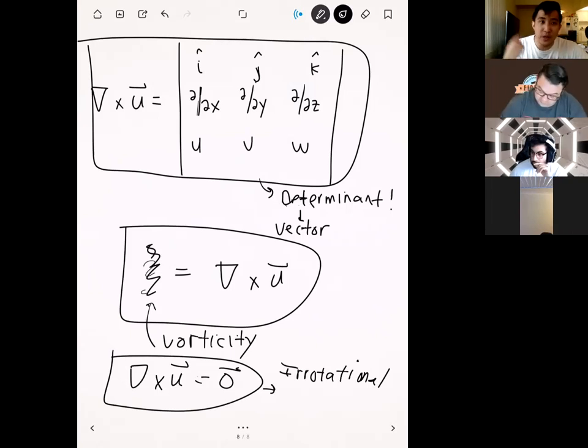If something is swirling around like a whirlpool, and you have two different whirlpools and you want to compare them, the way that you can compare them is by comparing the vorticities. It's the same way that we use velocity to quantify how fast something's moving. Vorticity is a way that we quantify how much it's rotating.